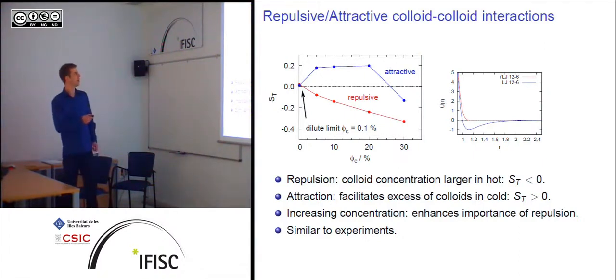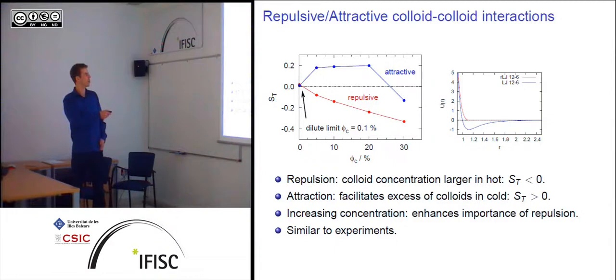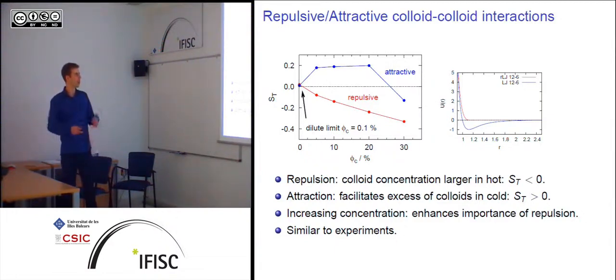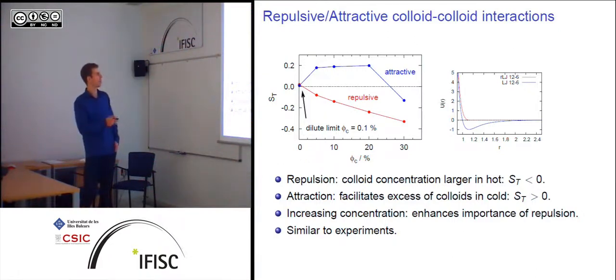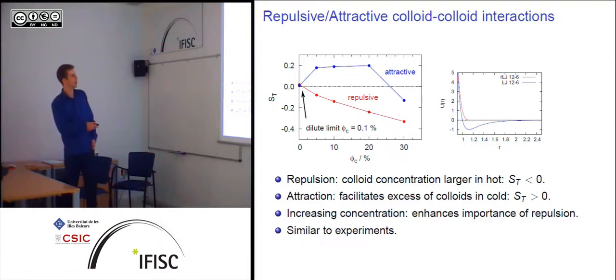So we use the Lennard-Jones potential, which is either purely repulsive or attractive. And what we find is that for the purely repulsive Lennard-Jones potential, you have a negative Fourier coefficient, that means a larger accumulation of colloids on the hot side of the system, and the magnitude of the Fourier coefficient increases with the volume fraction.